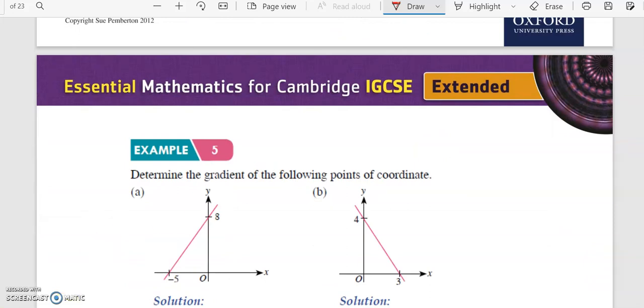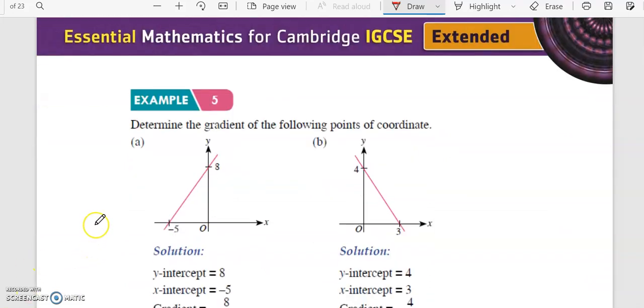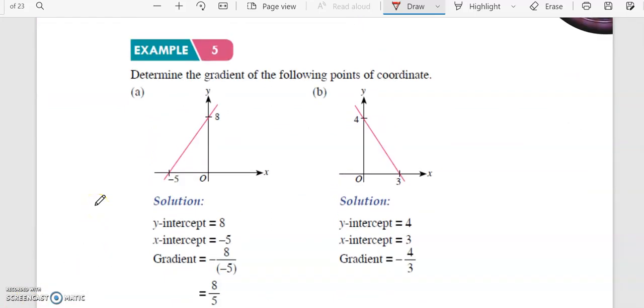Okay, we go to example 5. So in example 5, we have a line that intersects the y-axis here and also intersects the x-axis. When a line intersects the y-axis, we call it the y-intercept. This is the y-intercept. And then where the line intersects the x-axis, we call it the x-intercept, which is negative 5.